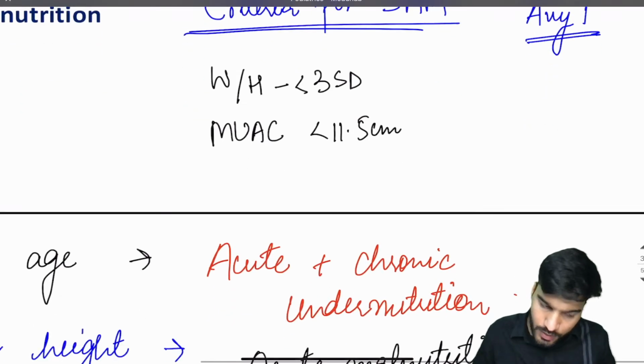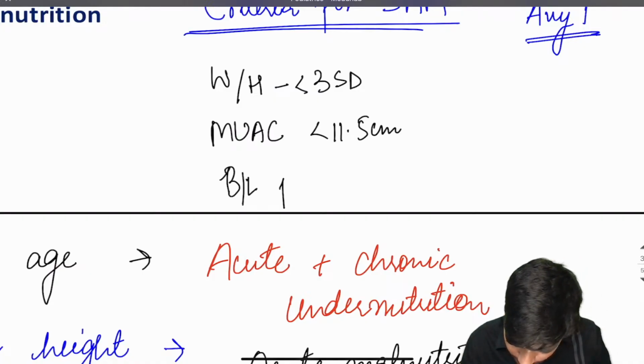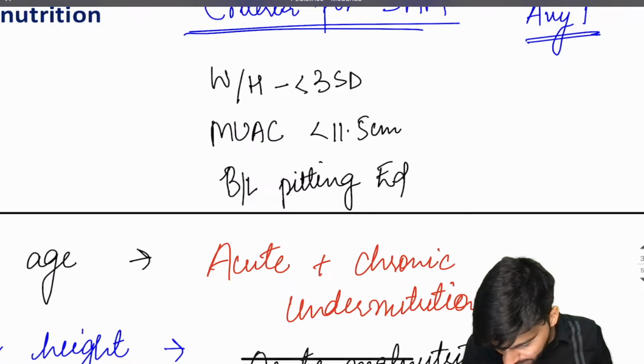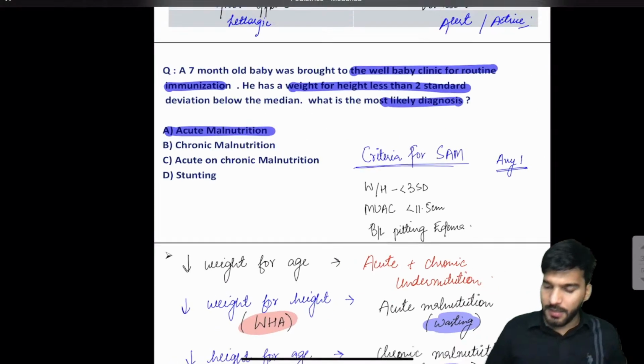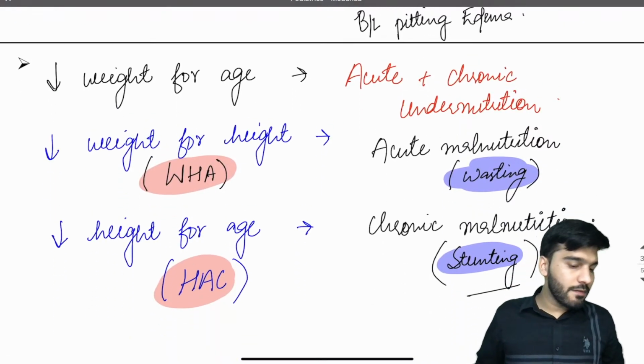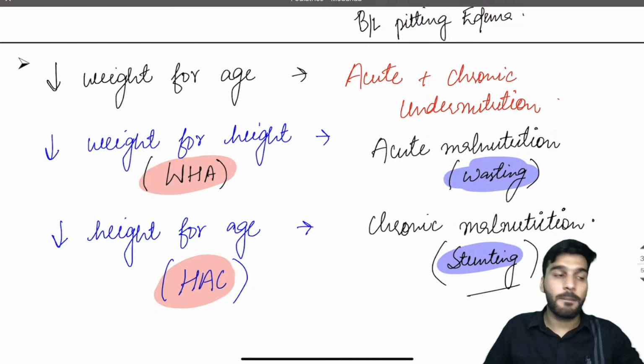And third, there should be bilateral pitting edema. So that is about severe acute malnutrition.